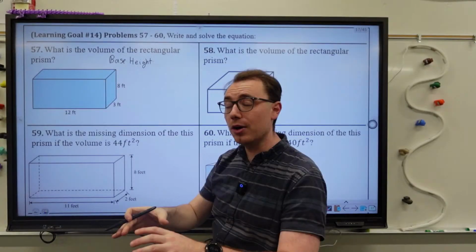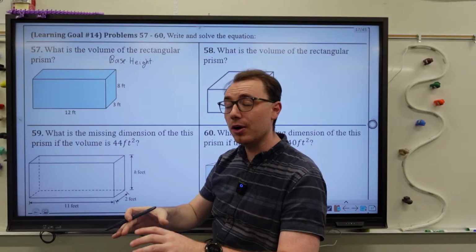We still know that the base here is 12 feet. We still know that the height here is 8 feet. And in this case, the length here is 3 feet. Let's do our calculators: 12 times 8 times 3 gives us 288.